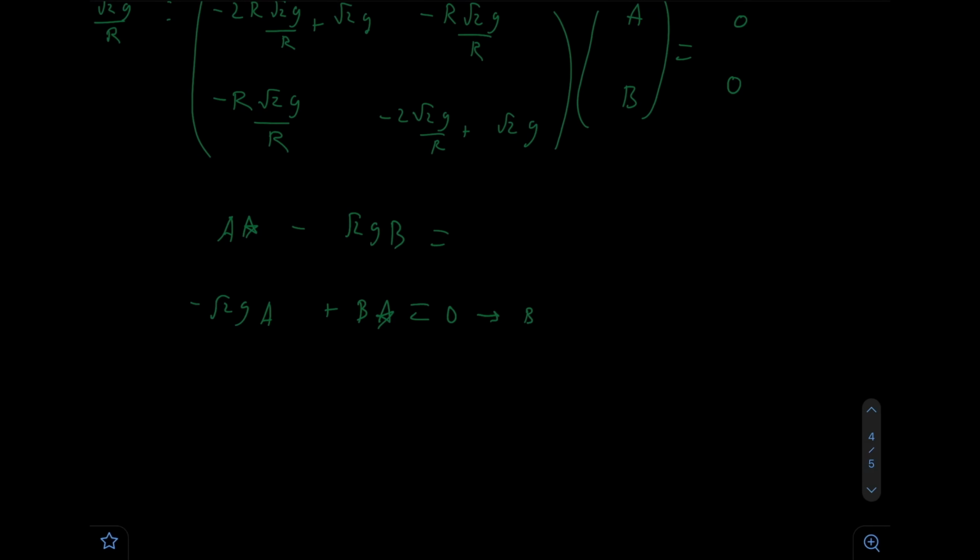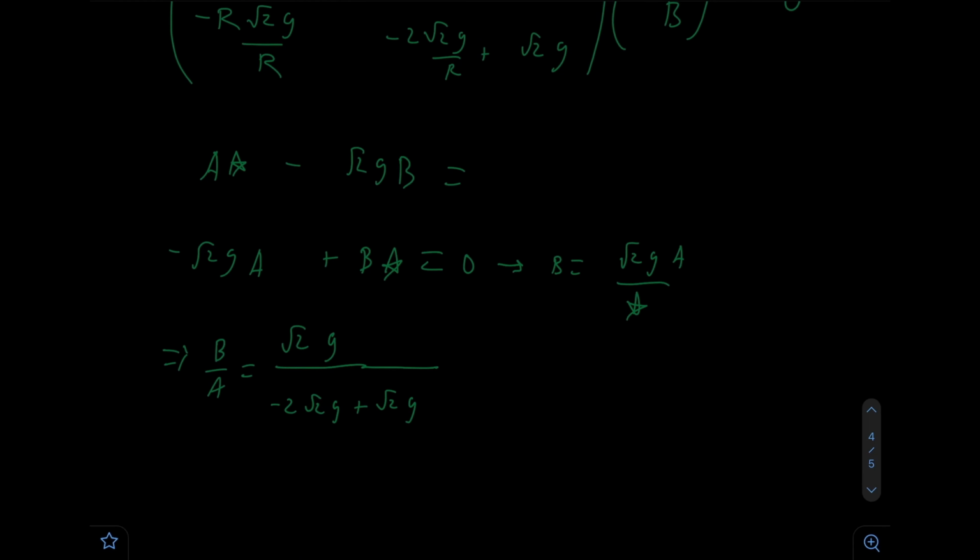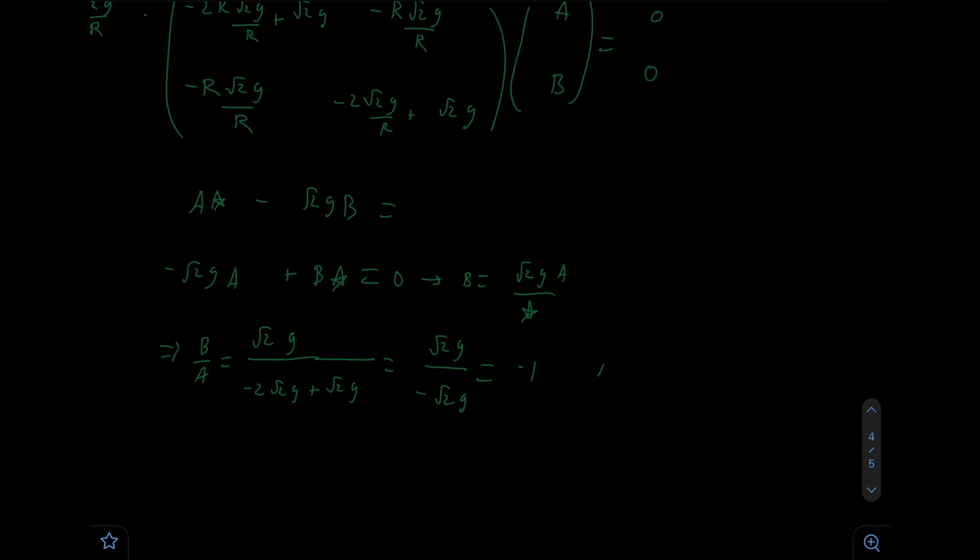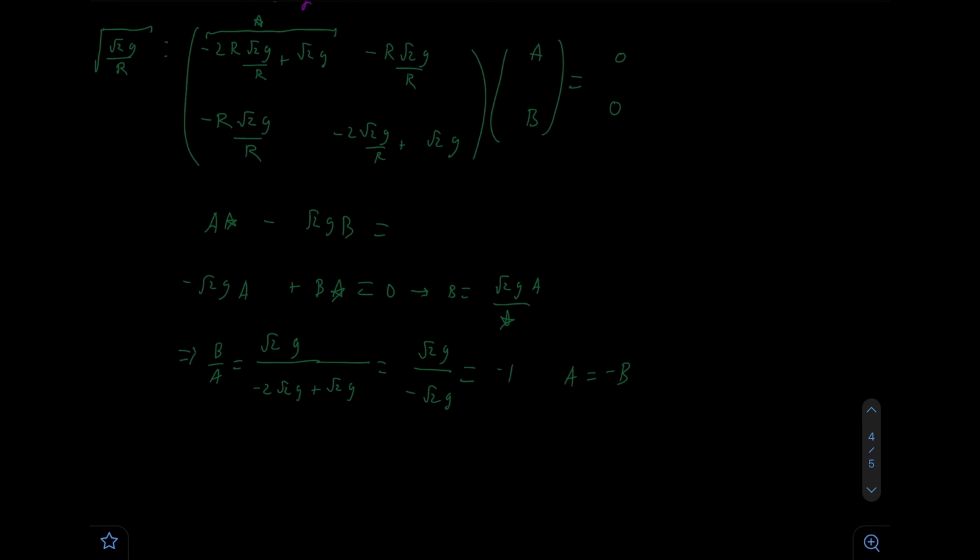If I say b is equal to root 2g a over star, that means that b over a is equal to negative root 2g over star, so this is equal to negative 1. So that means that a is equal to negative b. And that is going to be one of our normal modes.